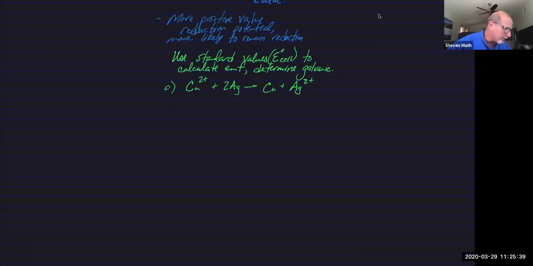So we've got to pull apart the two half reactions. Cu2+ plus 2 electrons goes to Cu.